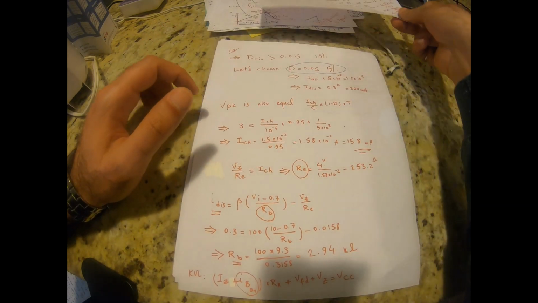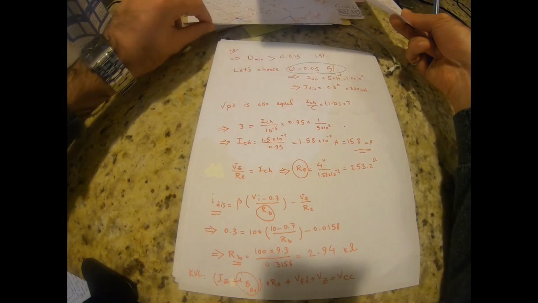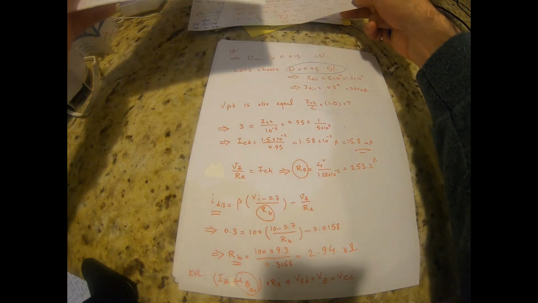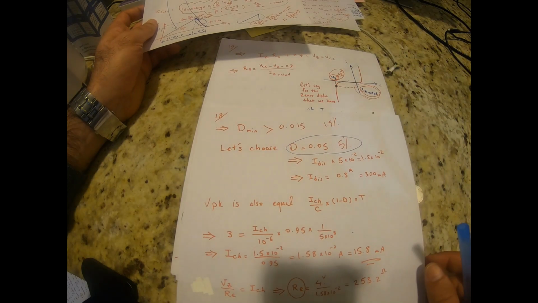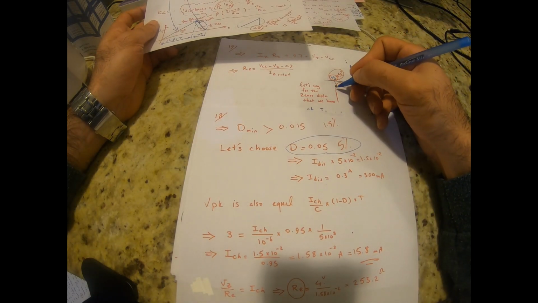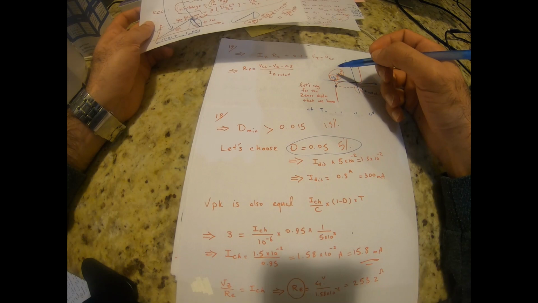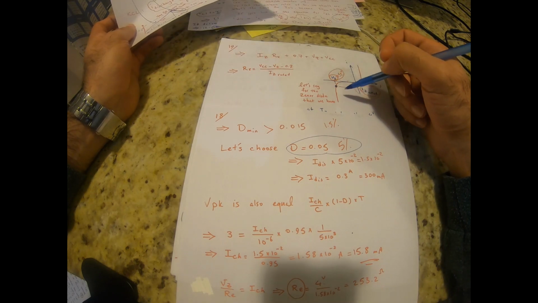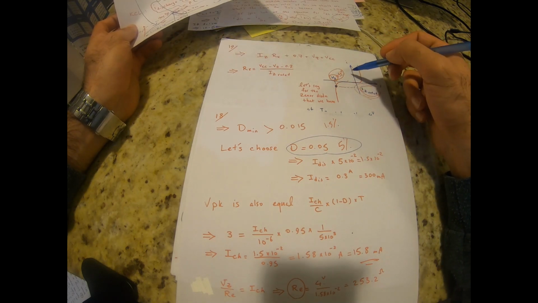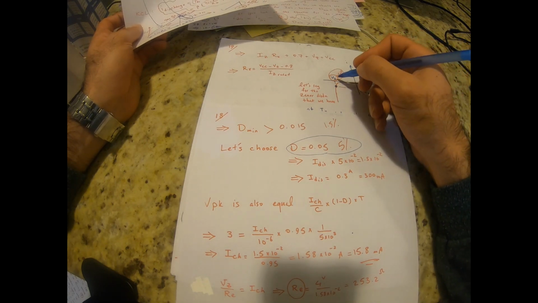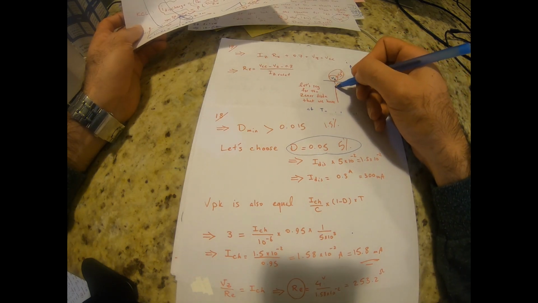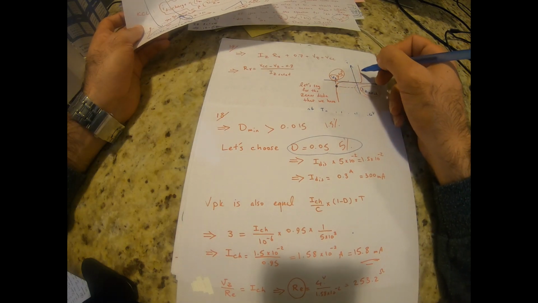One thing that I also wanted to mention here is that our Zener voltage versus current characteristic is this one. When we say that Vz is equal to 4 volt, it means that we are at this point of the operation.